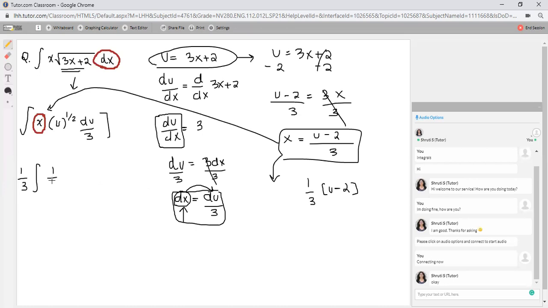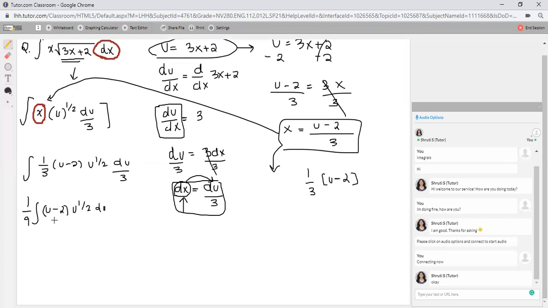Then, actually, I can have 1 over 3 times u minus 2, and then. Yes, very good. Yeah, great. Perfect. And I guess what we can do from this point is rewrite this.